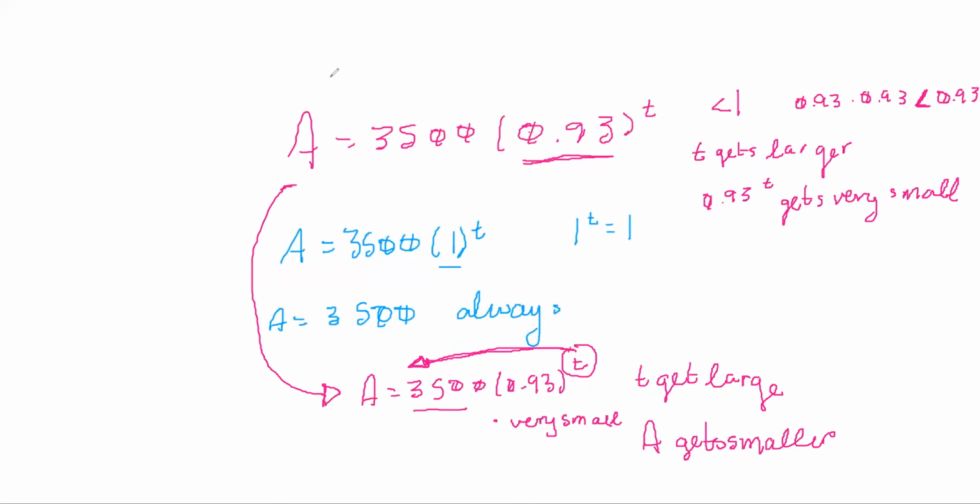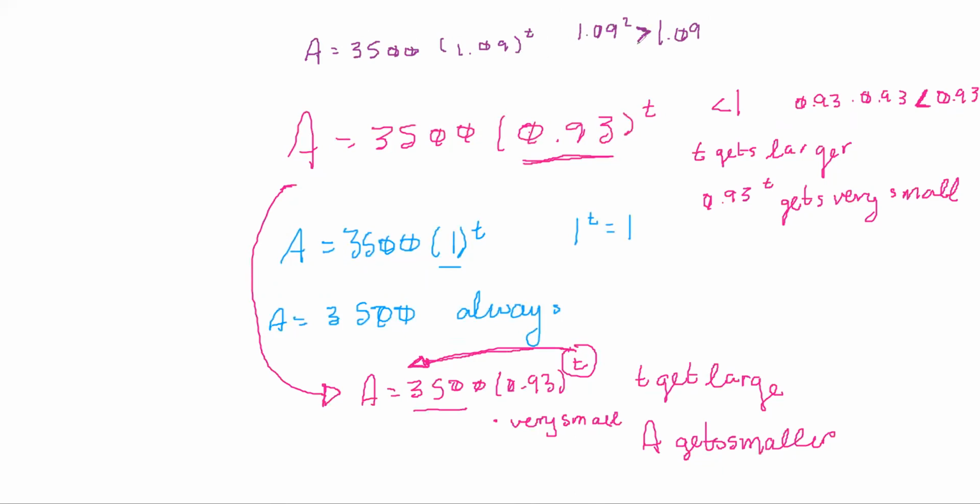Awesome. Okay. So basically it's the same thing if you do it the other direction. For instance, if we had A is equal to 3,500 times 1.09 to the T, 1.09 squared is going to be larger than 1.09 because it's just getting larger.